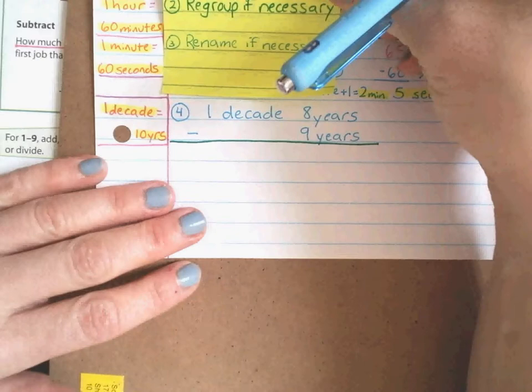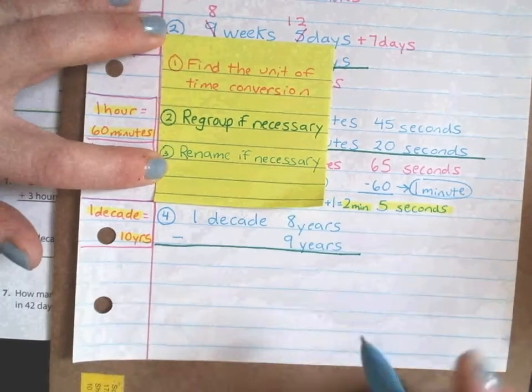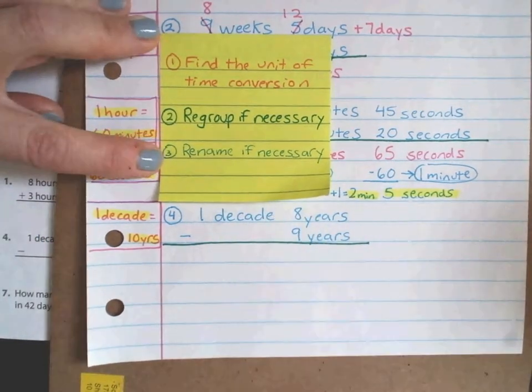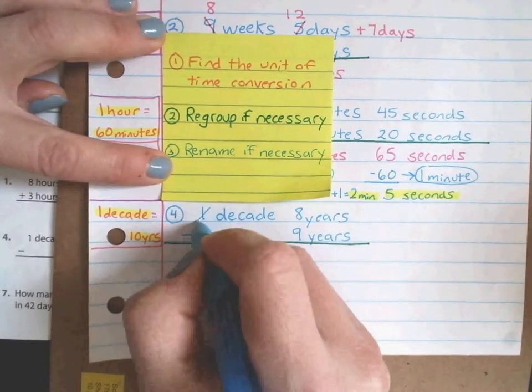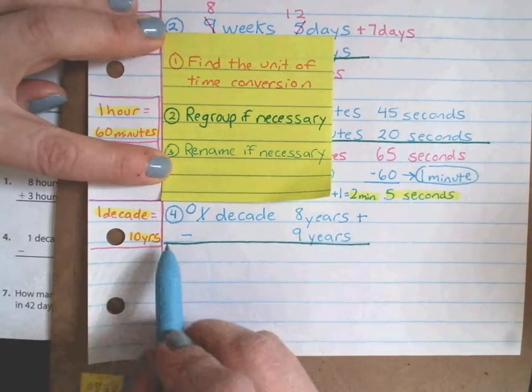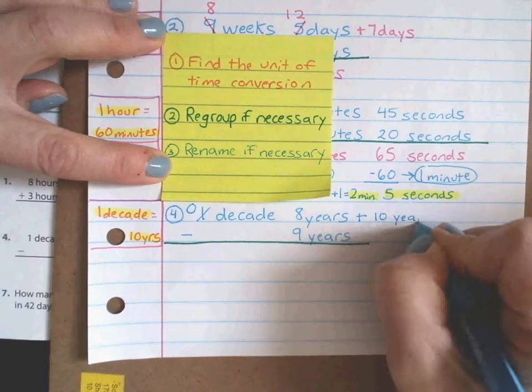So let's take a look here. I found my unit of conversion. I can't take 9 years from 8 years, so I do need to regroup. So what I'm going to do is take 1 decade away, so that becomes 0, and I will add it back as 10 years.